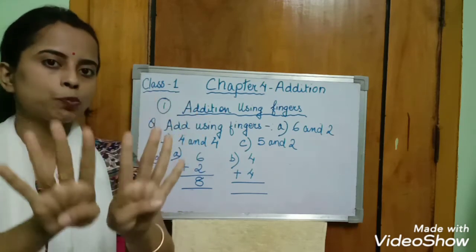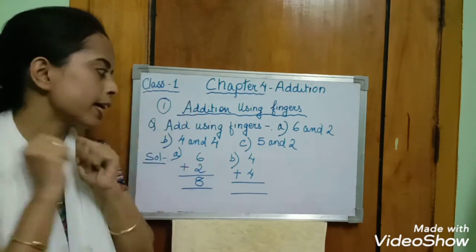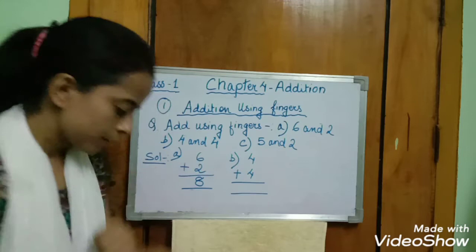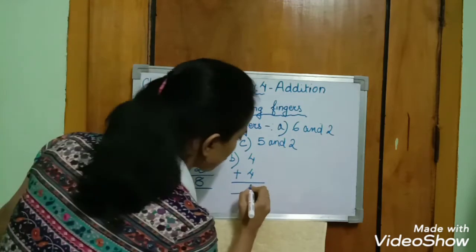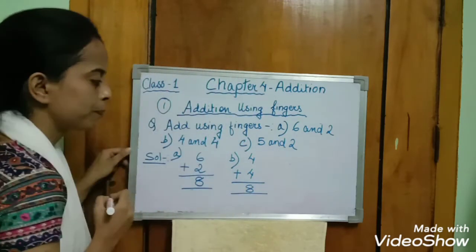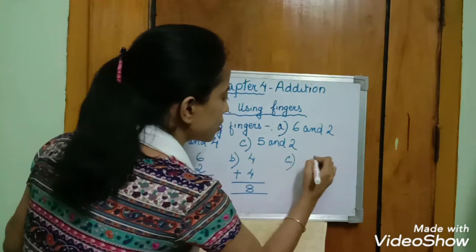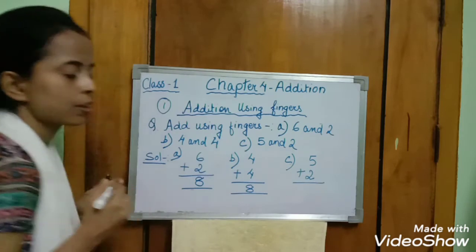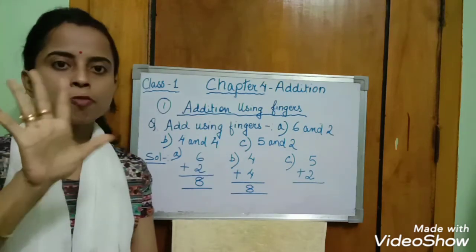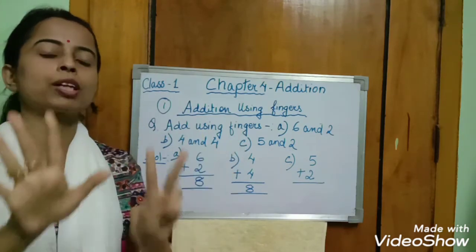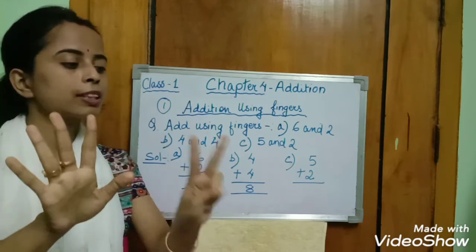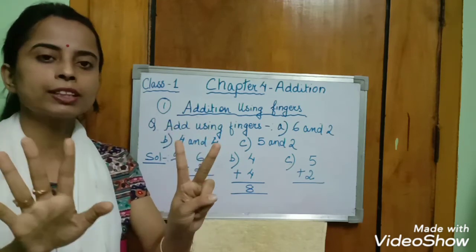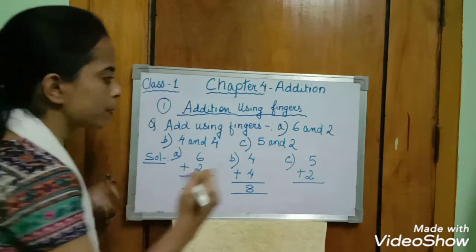So 4 plus 4, what is the total? It comes 8. Very good. Number C. 5 plus 2. Add it up using fingers. 5 fingers plus 2 fingers. What is the total? 5, 6, 7. So 5 plus 2 is 7.